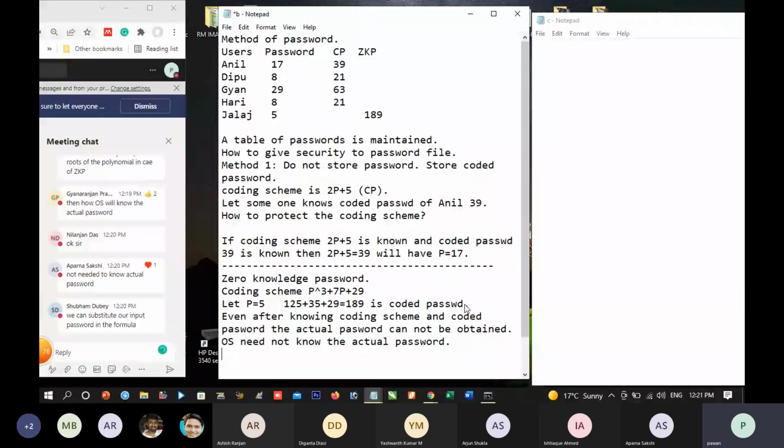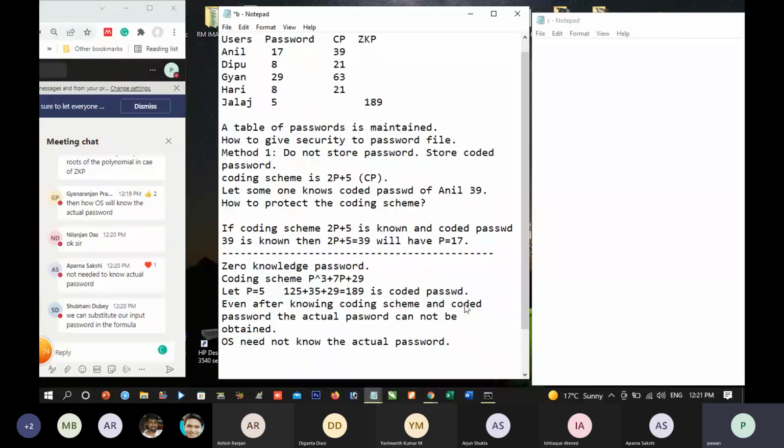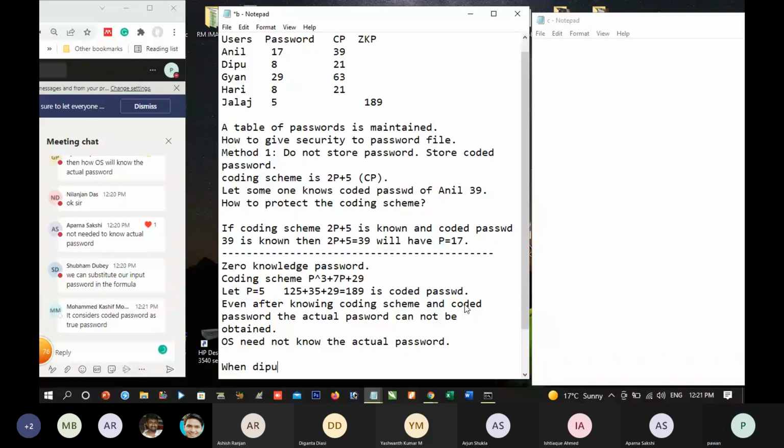Why does the OS not need to know the actual password? No, no Kasif. The coded password will not be treated as a true password. Wrong, because the coded password is visible.